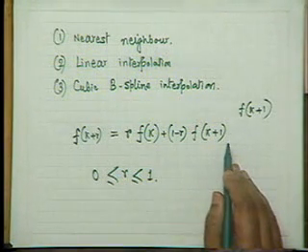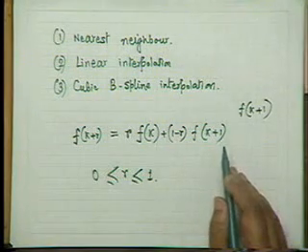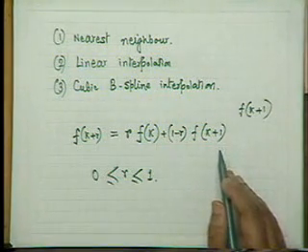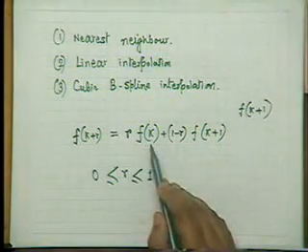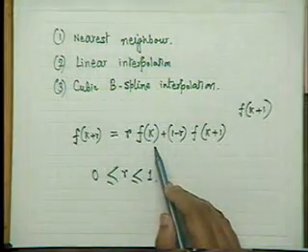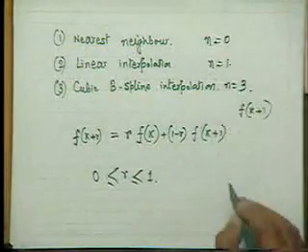Spline interpolation, not linear interpolation? This is a linear interpolation. This is a spline interpolation only, but with n equal to 1. It's not a general linear interpolation. The general interpolation means, obviously, n equal to 0, n equal to 1, and n equal to 3.